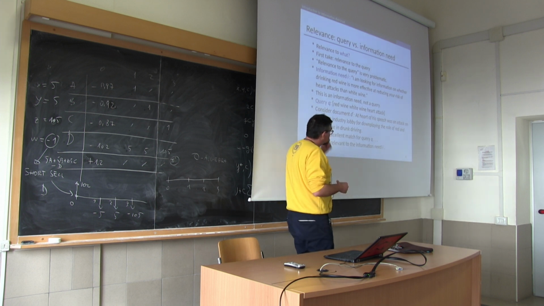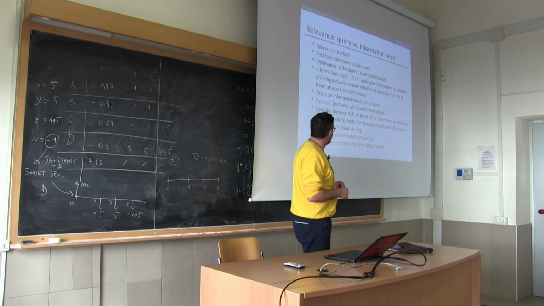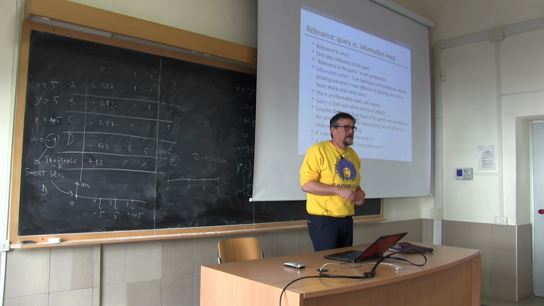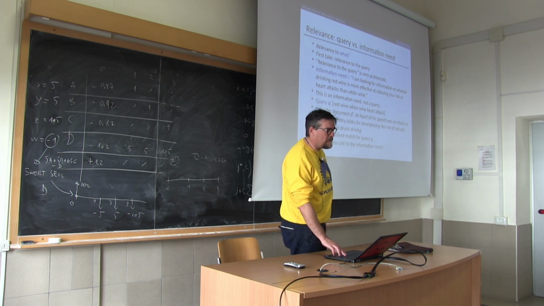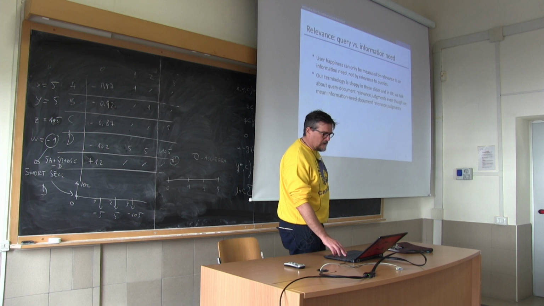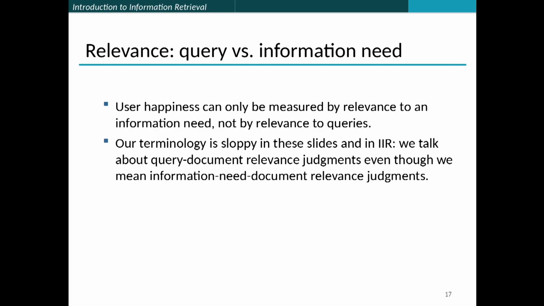Namely, D prime is a very good match for the query, but at the same time is not related at all, or only marginally, to the information need. Anyway, we will consider the relevance to the query. Even if we should consider the information need, we will consider the query because it's easier. But please keep in mind the issues we discussed before.